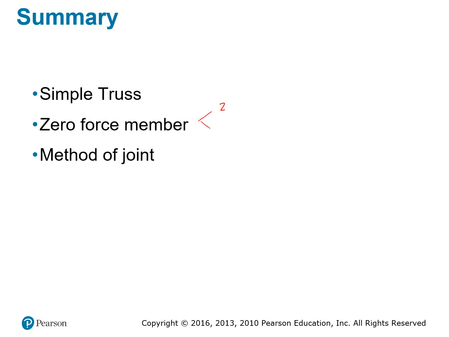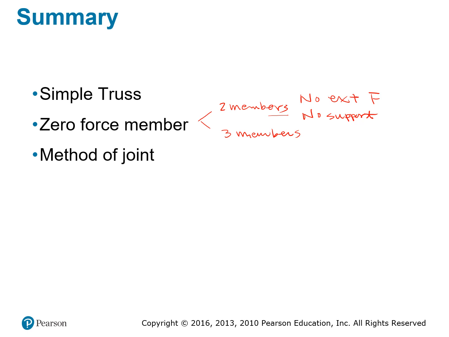If you have two members, if these two members have no external force, no support, and are non-collinear, then both members will be zero force members.